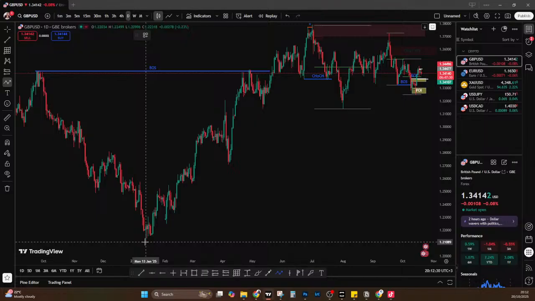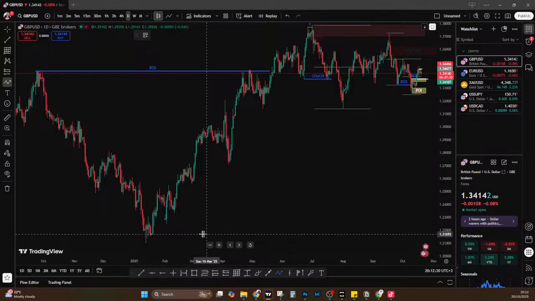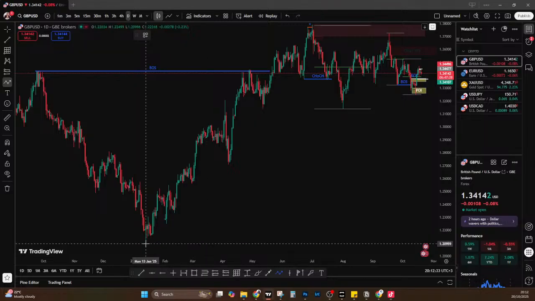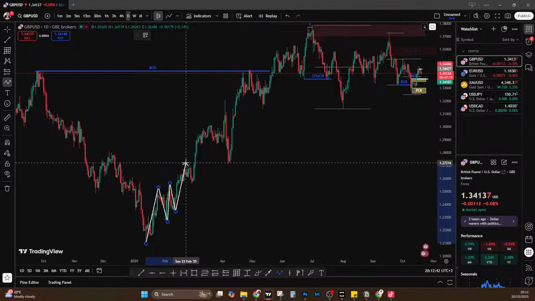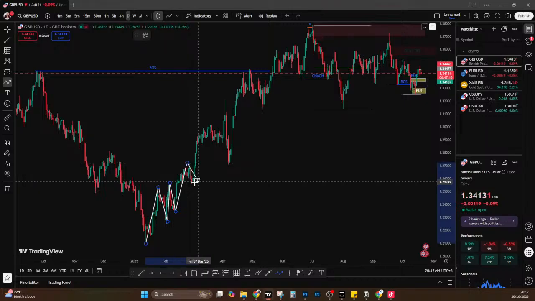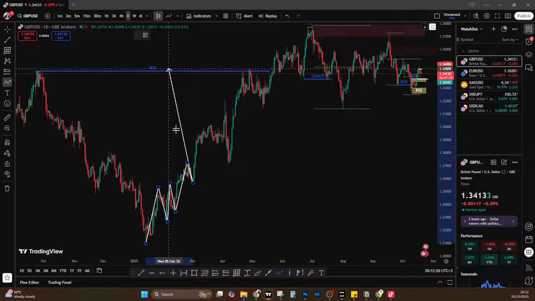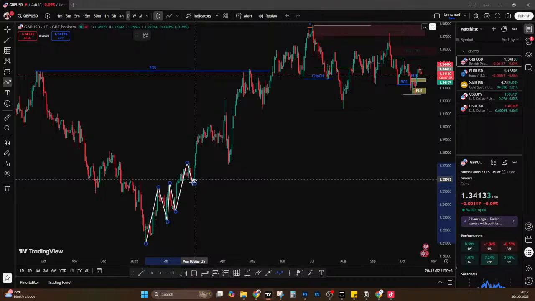So we are making a series of higher lows, higher highs, higher lows, higher highs, higher lows, higher highs. But I want you to look at something here from this point. Okay.